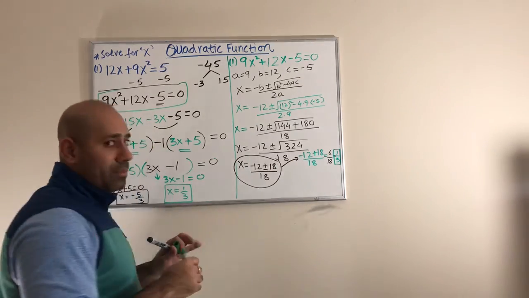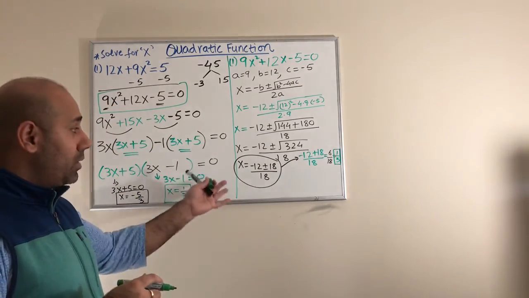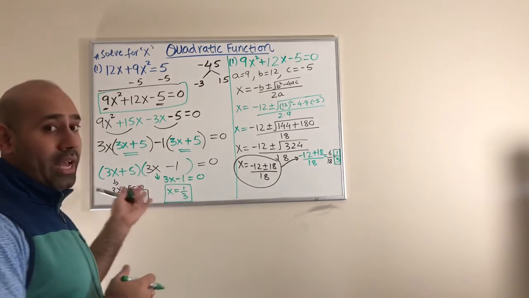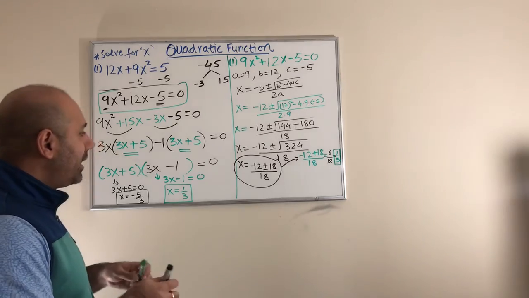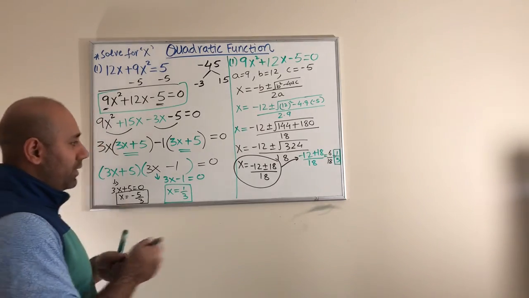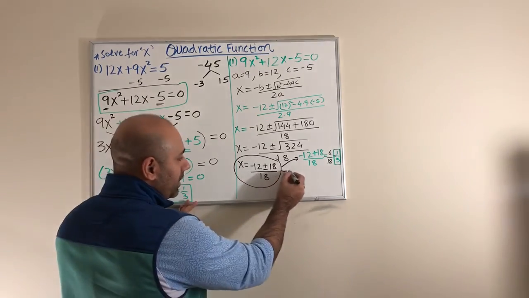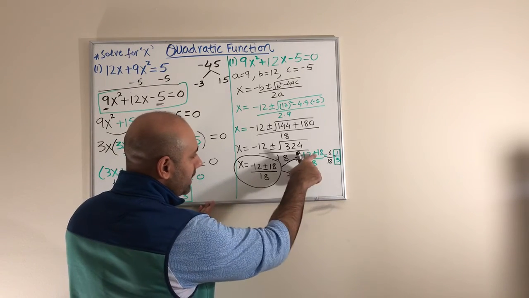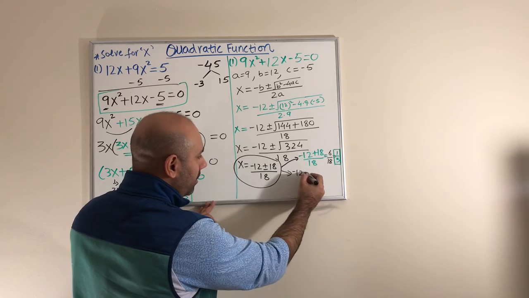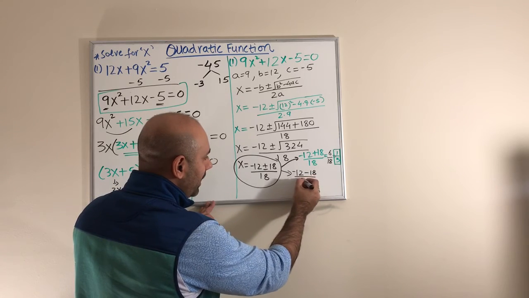So it confirms that x equals 1/3 is one of the solutions, because we had that from the factoring method as well. Now let us also make sure that the other value for x is negative 5/3. So the other solution is going to look like negative 12. We already got the plus taken care of in the previous step, and now we are going to look at the minus 18 over 18.